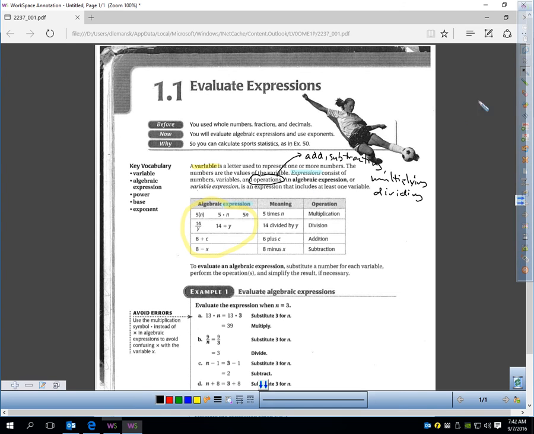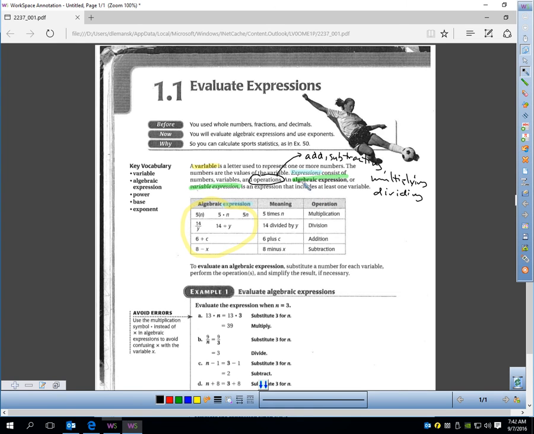Now, the next term, algebraic expression. Now think about the word expression. It has numbers, variables, and operation. An algebraic expression has to have a variable in it. It's also called a variable expression. You notice it says here, it's an expression that includes at least one variable.